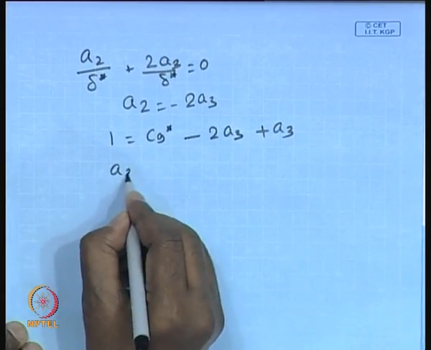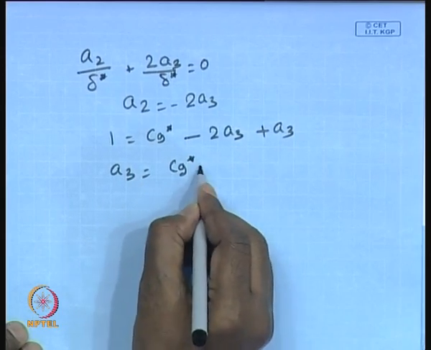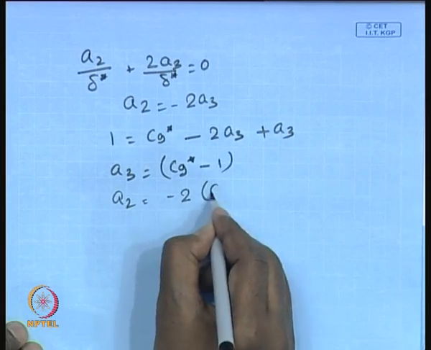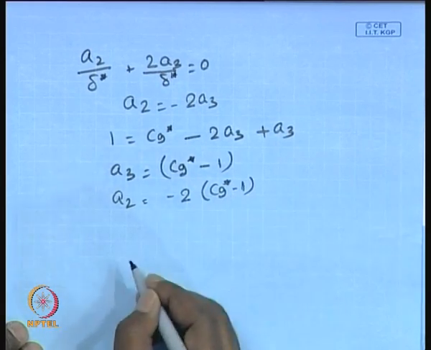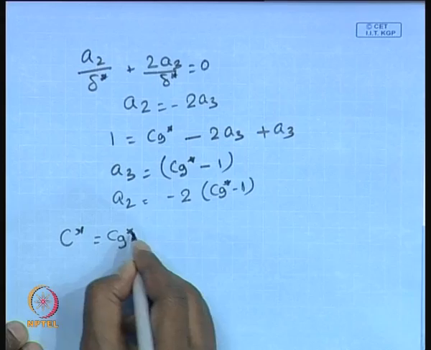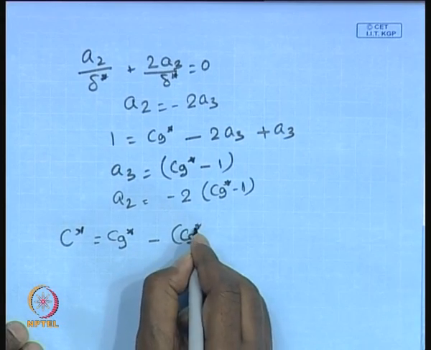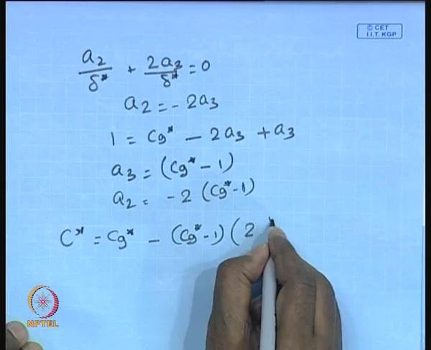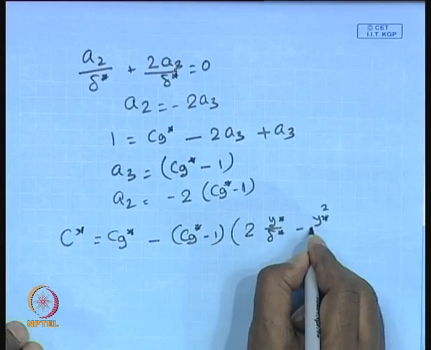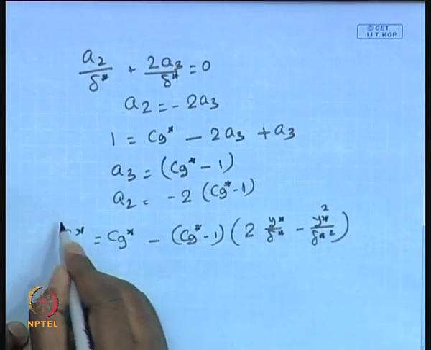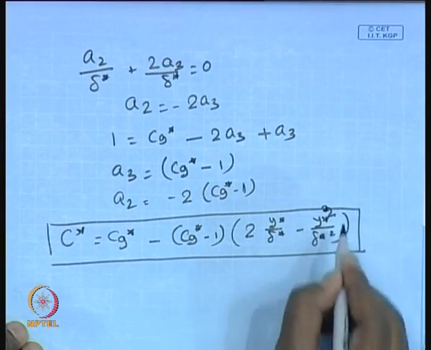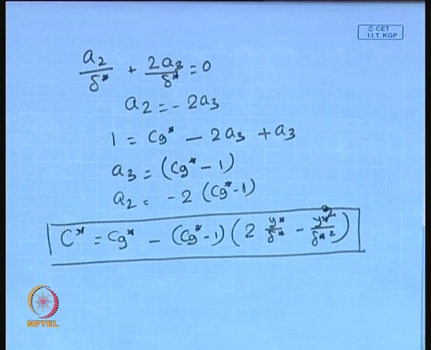So, you will get A3 is equal to Cg star minus 1 and A2 is equal to minus 2 A3, that is minus 2 Cg star minus 1. So, the concentration profile you are going to get is C star equal to Cg star minus Cg star minus 1 times 2 y star by del star minus y star square by del star square. This is the concentration profile that we are going to use in order to solve this equation.